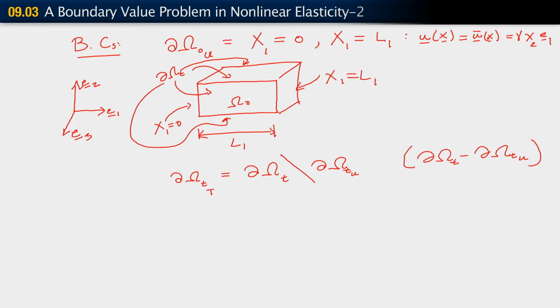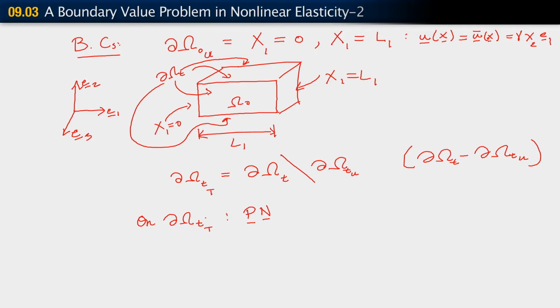On those parts of the boundary, we say that we need to say what that field is, where P is the first Piola-Kirchhoff stress tensor, and N is the unit normal to those faces.